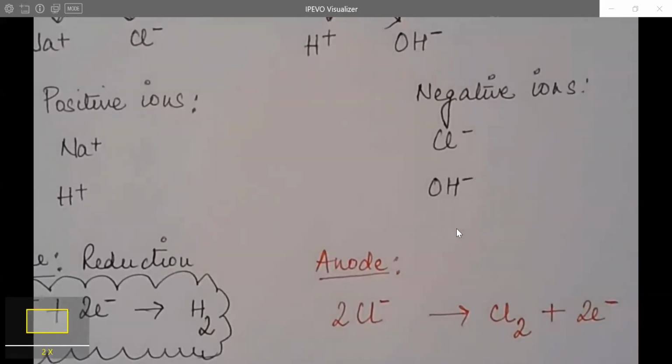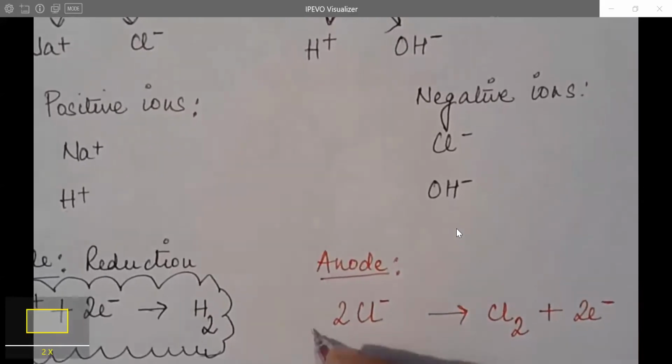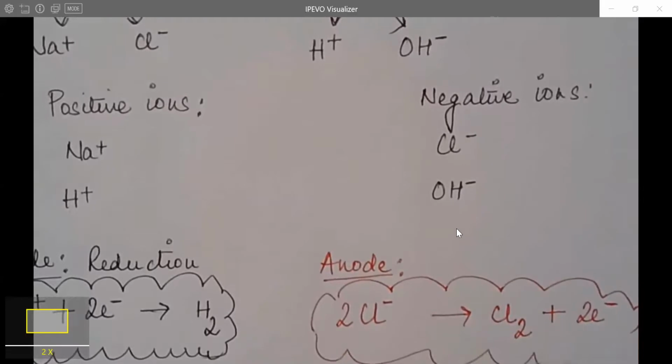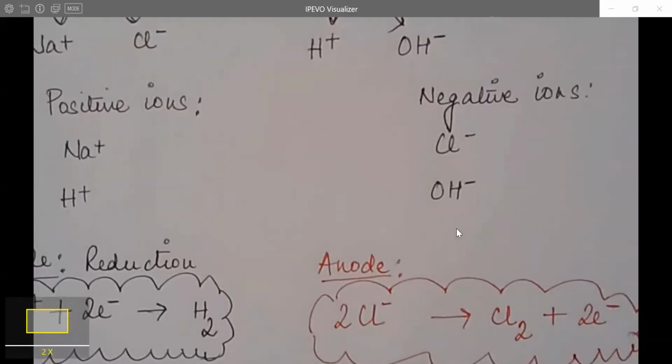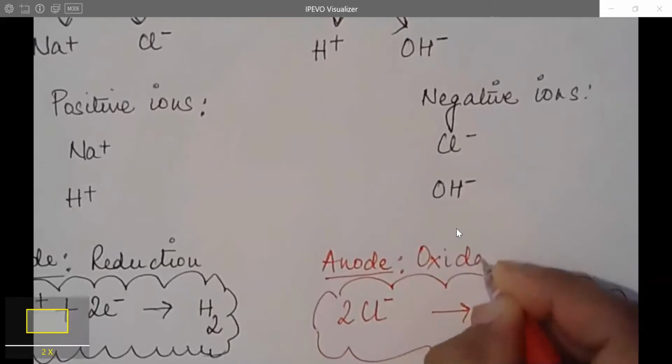Because the electrons are being lost, we write them on the right-hand side of the equation. And this equation represents the chemical change that happens at the anode. Because this involves loss of electrons, this is also known as the oxidation reaction.